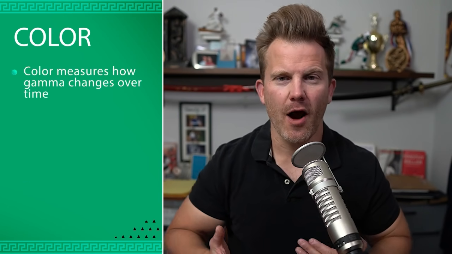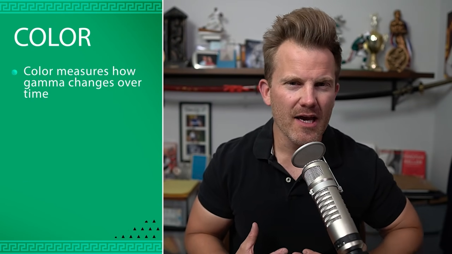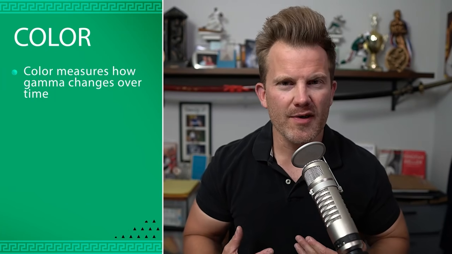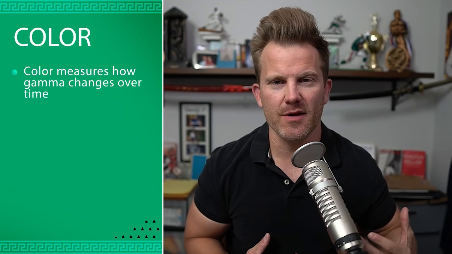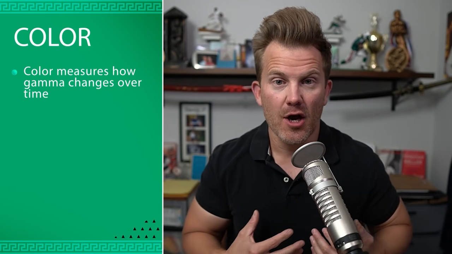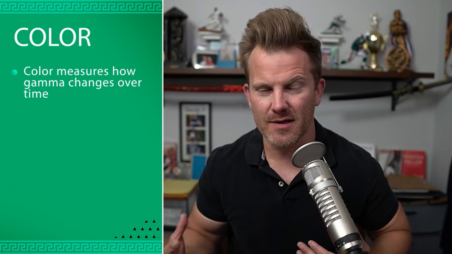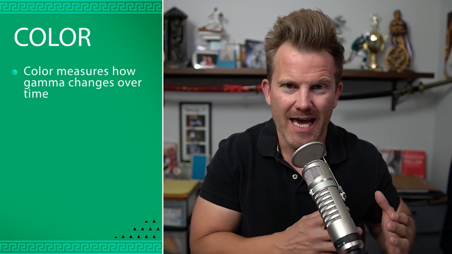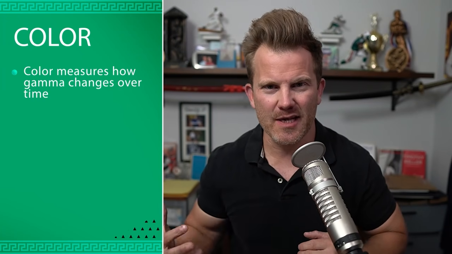Color measures how gamma changes as time passes. So in a sense, it's very similar to theta, or very similar to charm, because theta measures how option prices change as time passes. Charm measures how delta values change as time passes. And color simply measures gamma as the variable in question. How does it change as time passes?